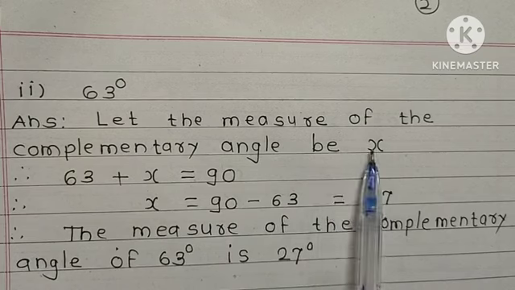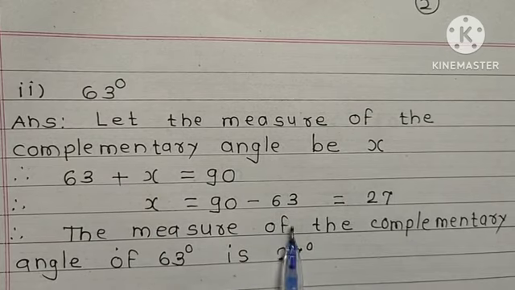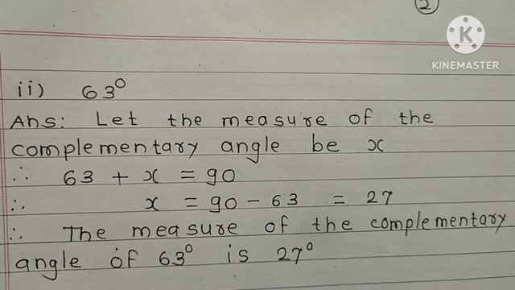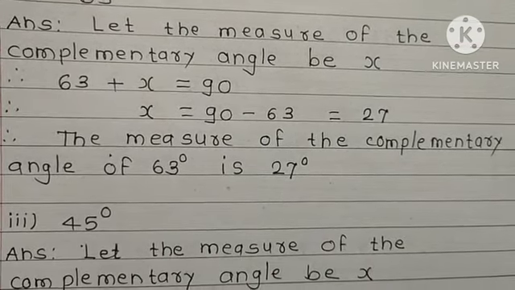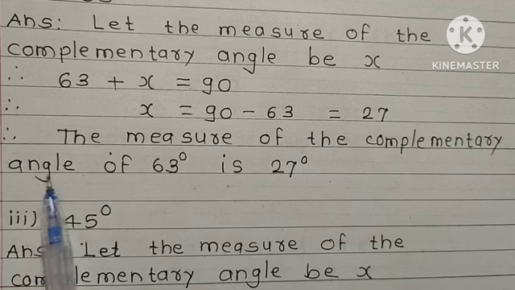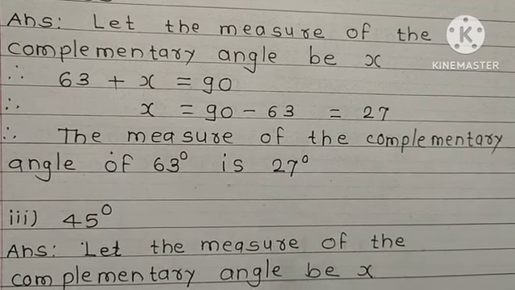This plus this is equal to 90 degree. So x is equal to 90 minus 63, taking 63 to right side, it will become negative. 90 minus 63 is 27. Therefore, our answer is the measure of the complementary angle of 63 degree is 27 degree.